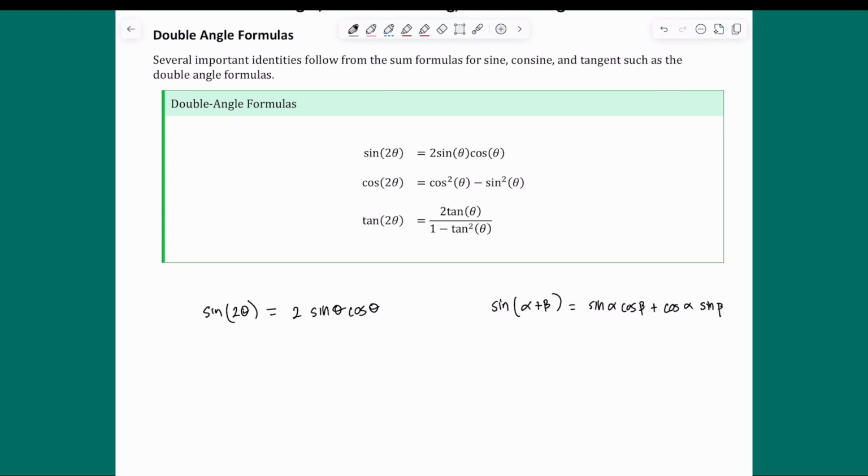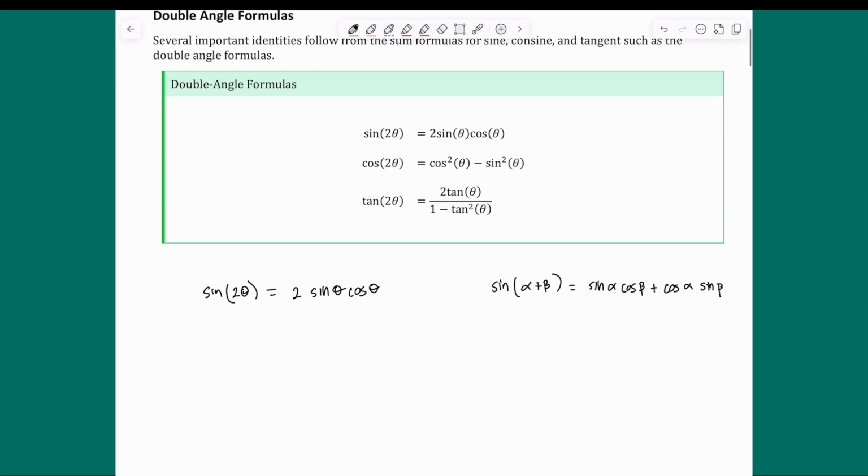From there, we can use this formula to verify sine of 2 theta equals 2 sine of theta cosine theta. We could start with the left hand side of this identity and show it's equal to the right hand side.